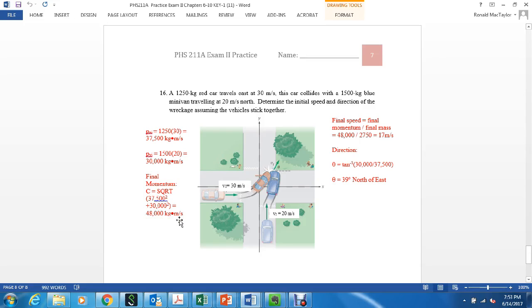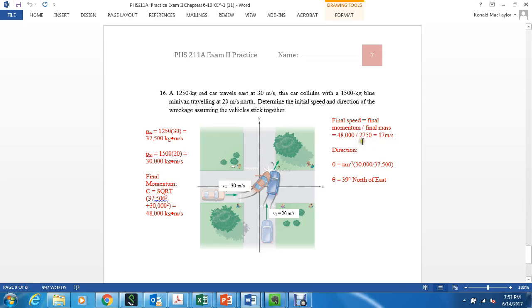If I want to convert that into speed, final speed equals final momentum, that's that thing, divided by final mass. What is the final mass? Well, the 2 cars collide and stick together, so the final mass is going to be the combined mass of the 2 cars.